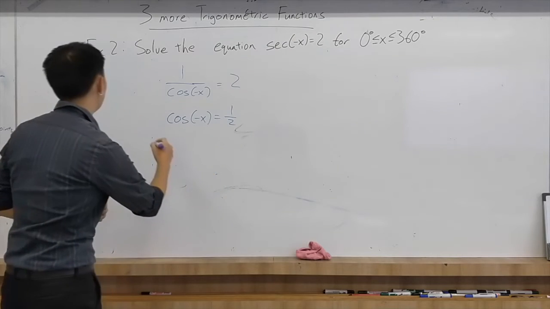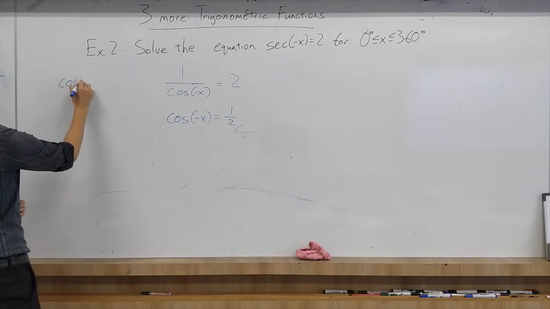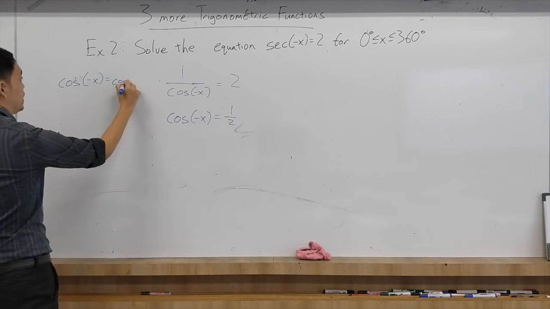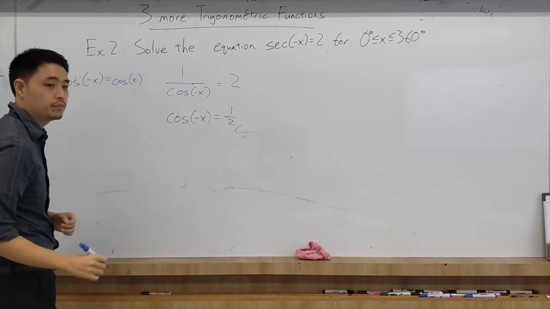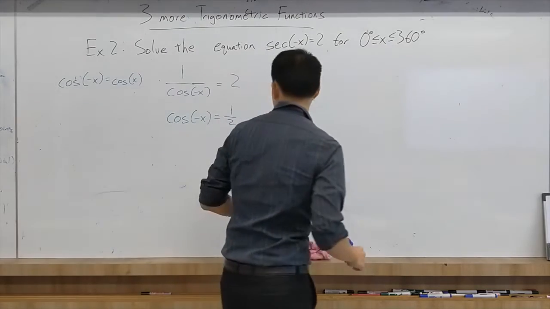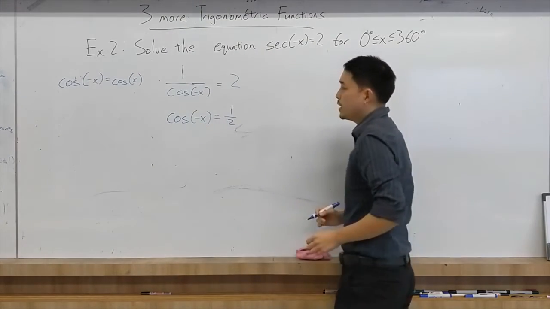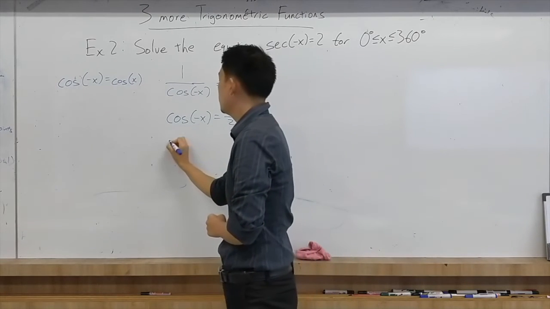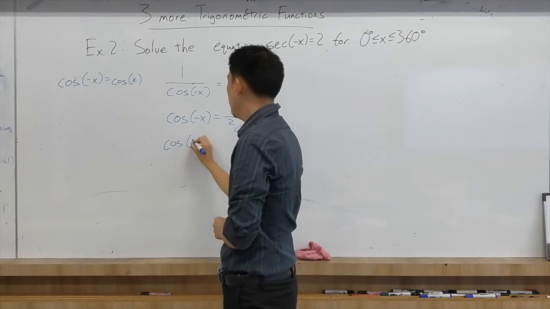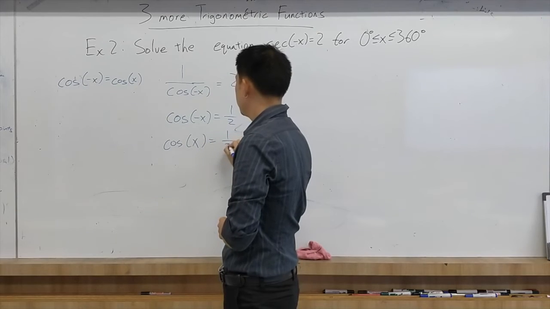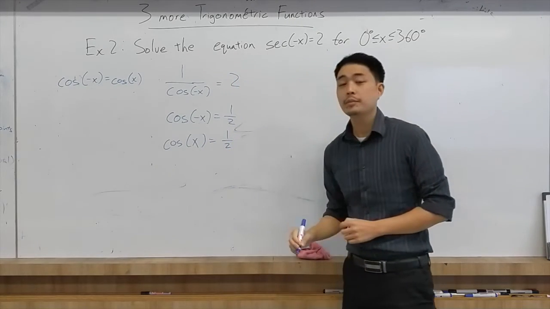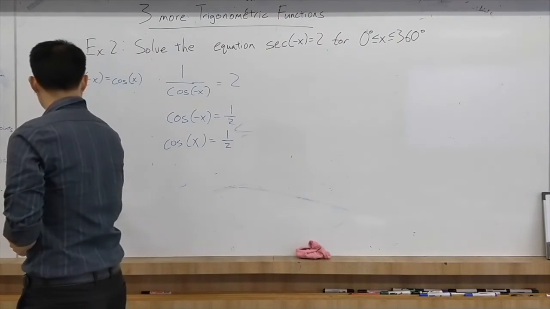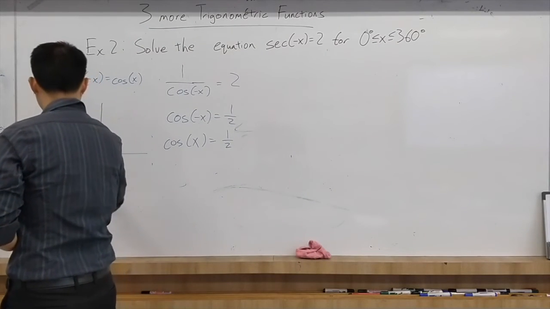Now remember our old identities with the cosine. Cosine of negative x is the same as cosine of x, which will become clear later. But here, cosine of negative x equals 1/2. We can also say that cosine of x will equal 1/2. Now another way we can think about this is, remember, cosine is our x value in our unit circle.